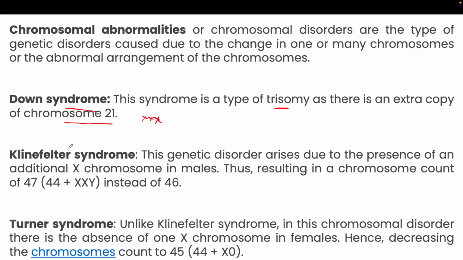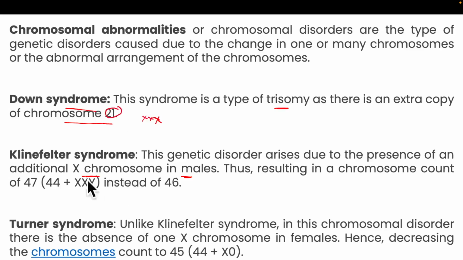Then the second one is Klinefelter syndrome. This genetic disorder arises due to the presence of an additional X chromosome in males, resulting in a chromosome count of 47 instead of 46. It shows that at the sex chromosome level there is an extra X chromosome, whereas in Down syndrome the autosome number is increasing, but here the sex chromosome number is increasing.